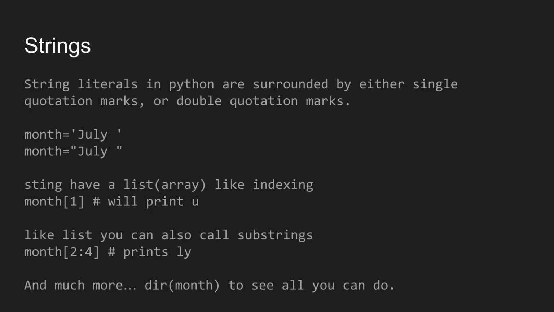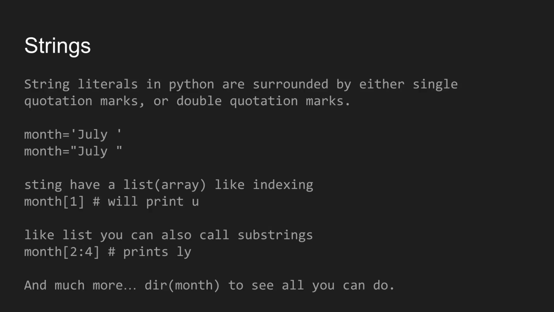All right, strings. Basically, like I said, anything in quotes or in single quotes is a string. Strings in Python are a little unique, since in memory it thinks of a string as an array of single characters, right?